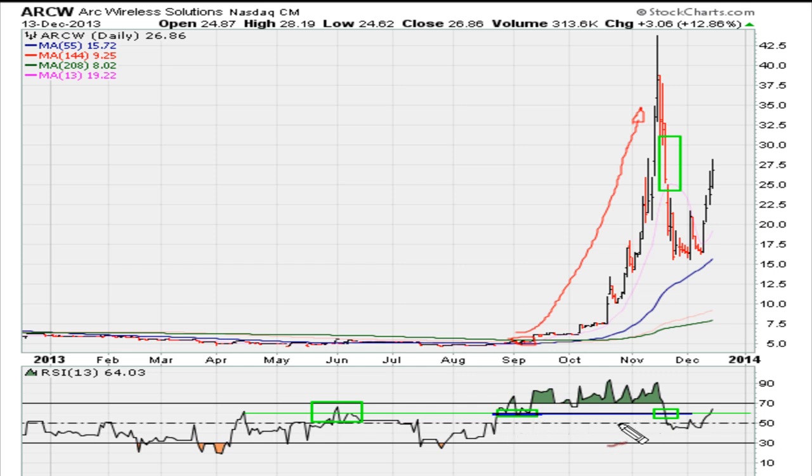And I know this is generic, but you can see that in reality it kept the stock above this level here, and that was good for this move that took the stock from about $6 all the way to about $42. So understanding uniformity when you see it, what it means, and understanding uniformity when it doesn't take place tells you something different could be taking place.